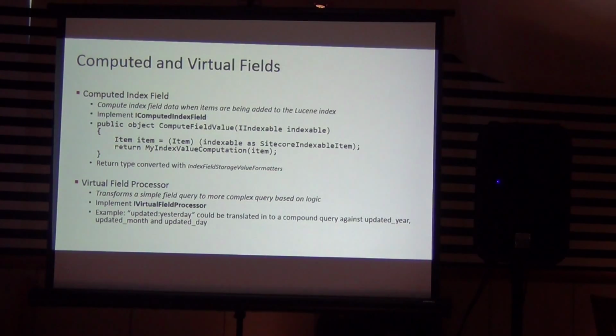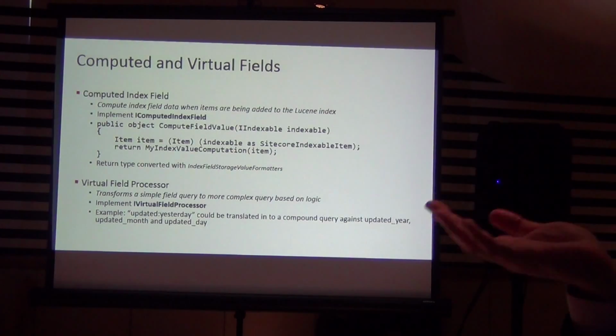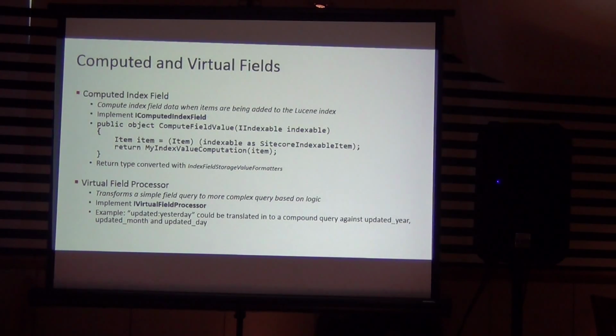Now, none of the things in my index will contain the word yesterday, so I need to do something with it. I'll first work out what yesterday's date was, and then I'll do a compound query on the year, month, and day. So that would be a way of looking at something from yesterday.